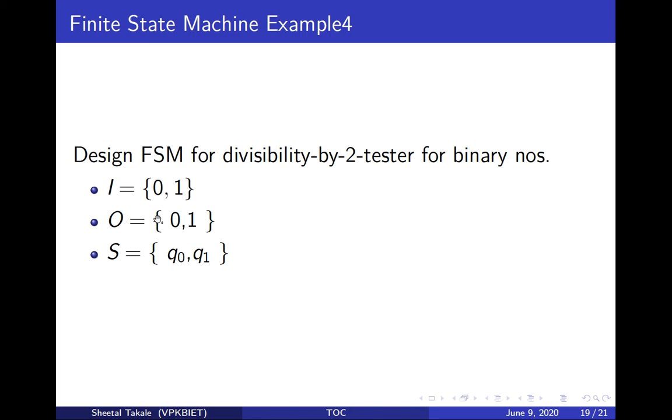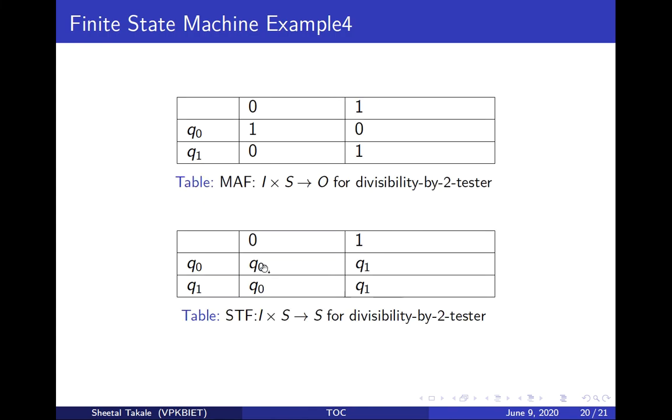Here the inputs are 0 and 1 because these are binary numbers, and the output will also be 0 and 1. So the states will be Q0 and Q1. Here, in the state Q0, if a 0 comes, the outcome will be 1.